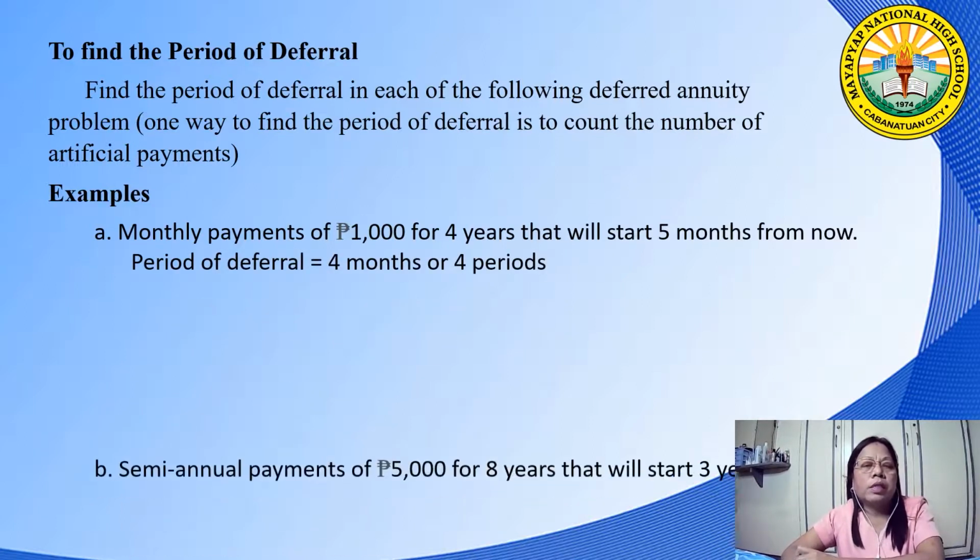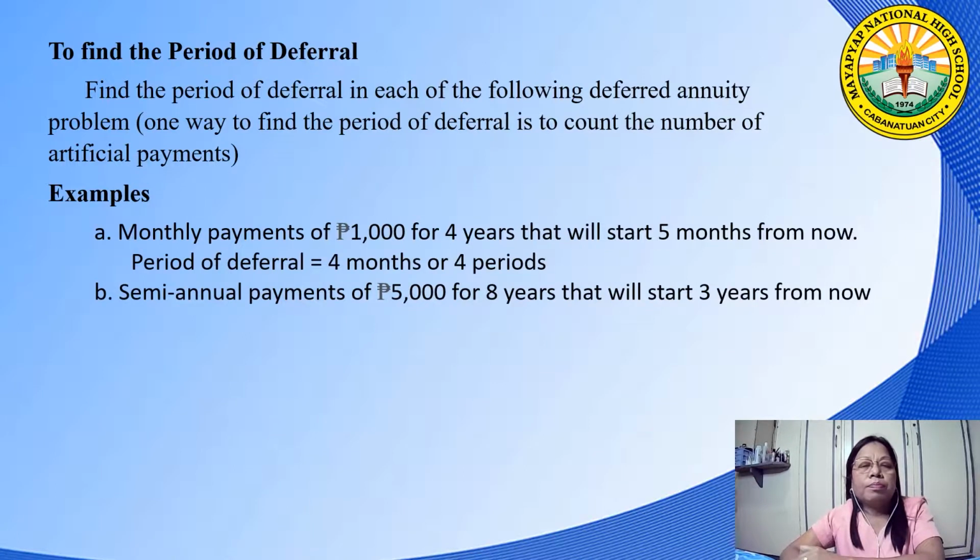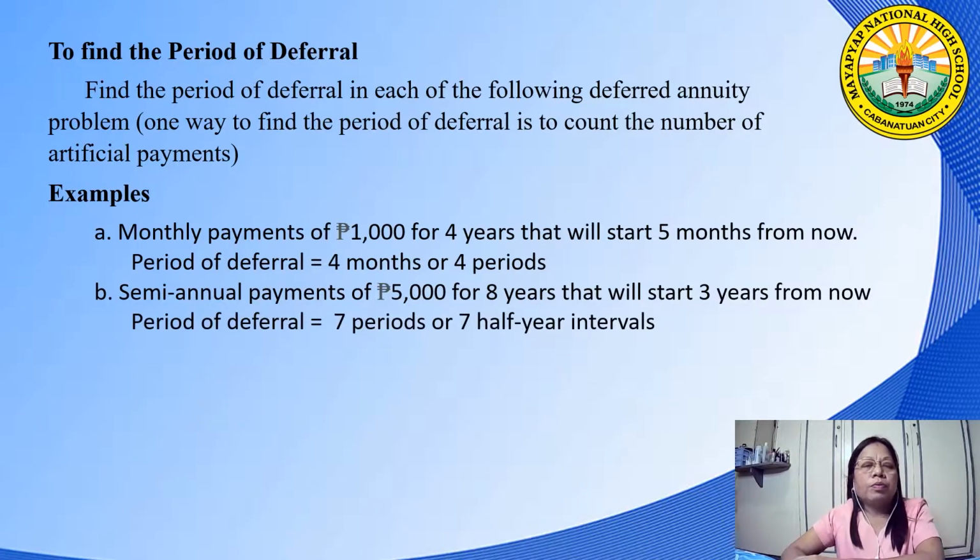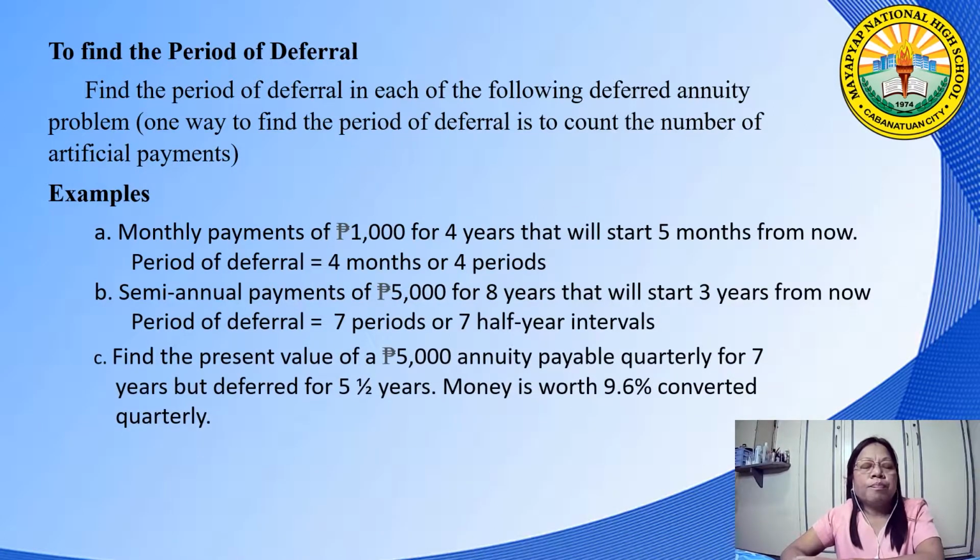Letter B. Semi-annual payments of 5,000 pesos for 8 years that will start 3 years from now. Period of deferral equals 7 periods or 7 half-year intervals. Letter C. Find the present value of a 5,000 pesos annuity payable quarterly for 7 years but deferred for 5.5 years.